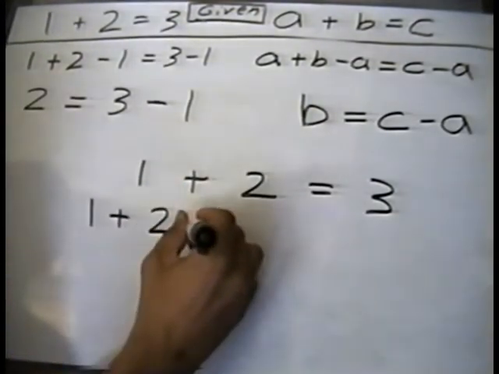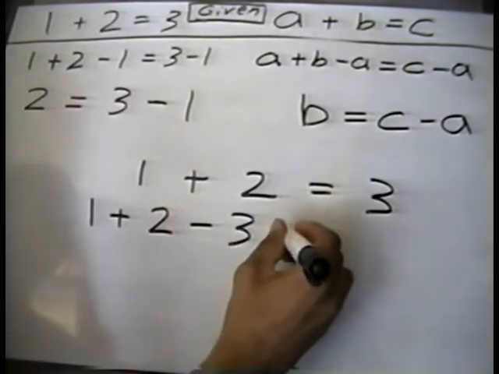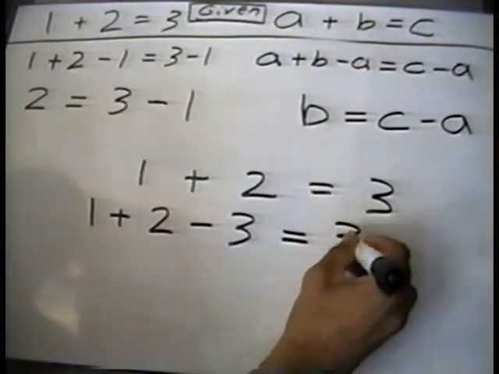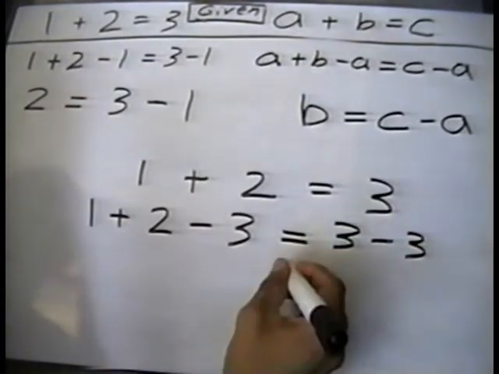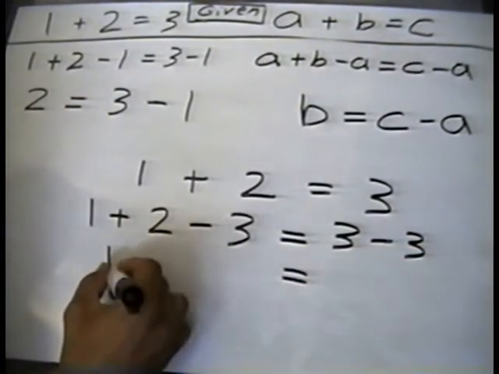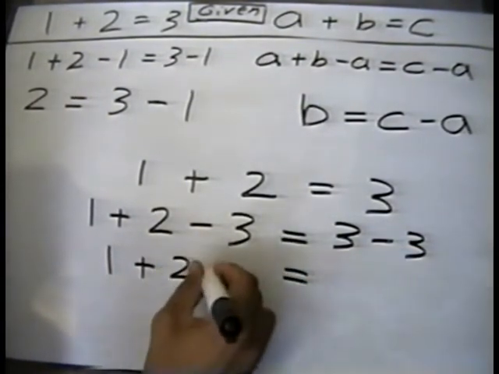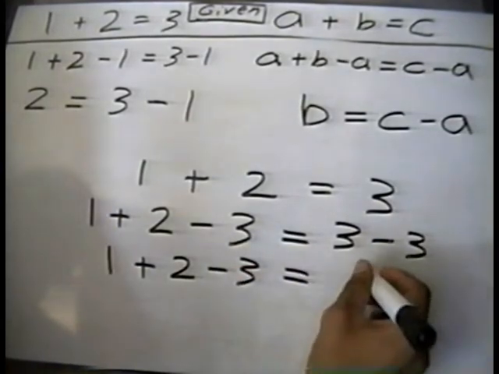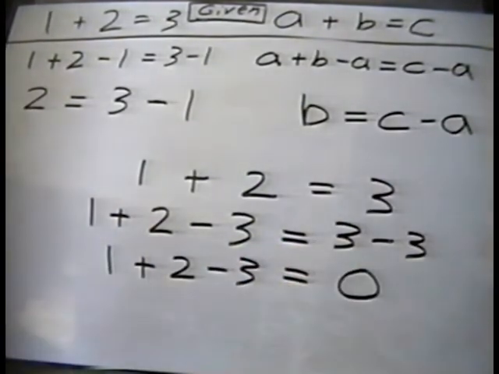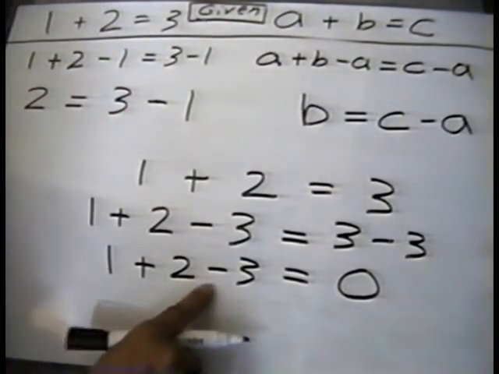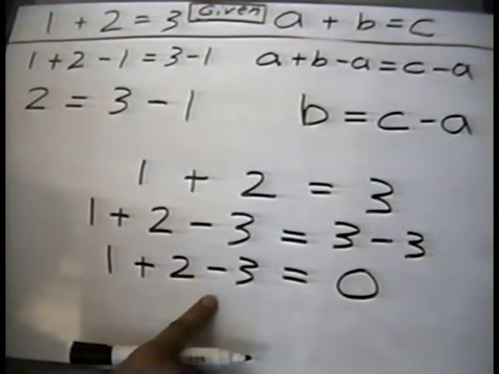Now if you have 1 plus 2 equals 3. Now subtract 3 from both sides. 1 plus 2 minus 3 equals 3 minus 3, so 1 plus 2 minus 3 equals 0.